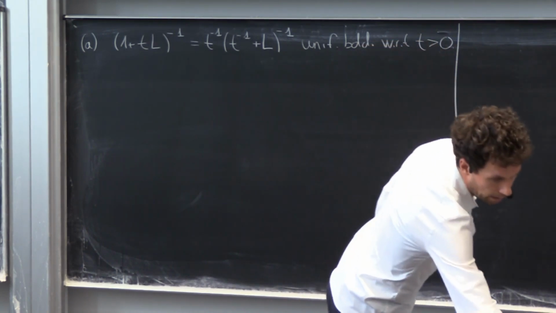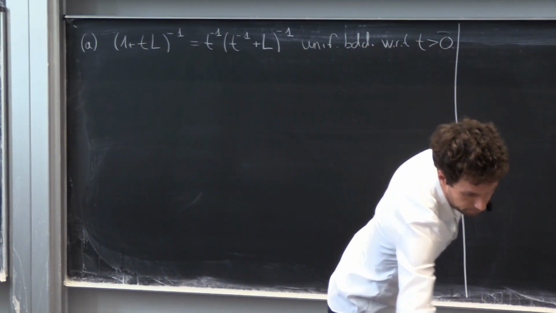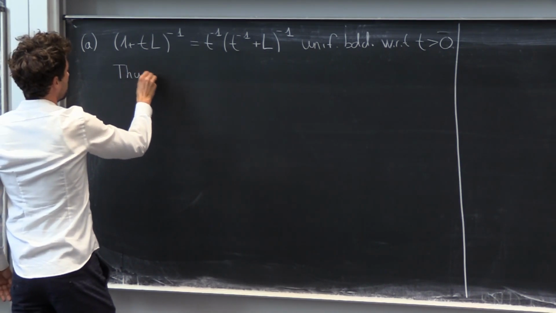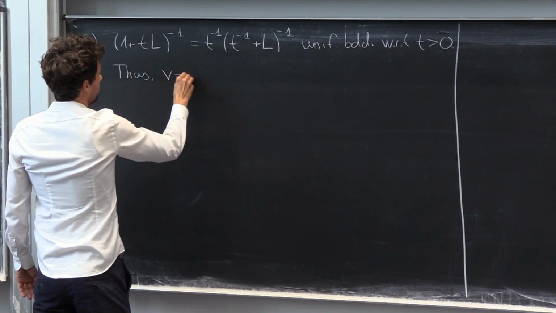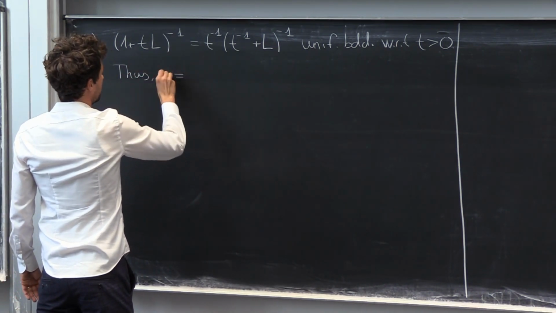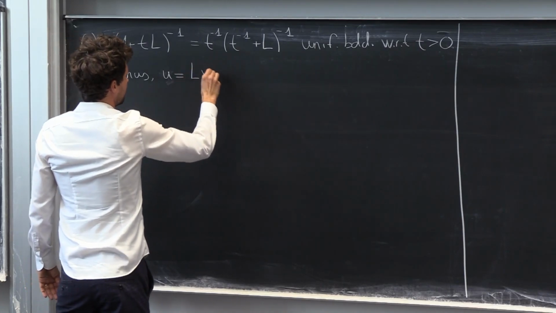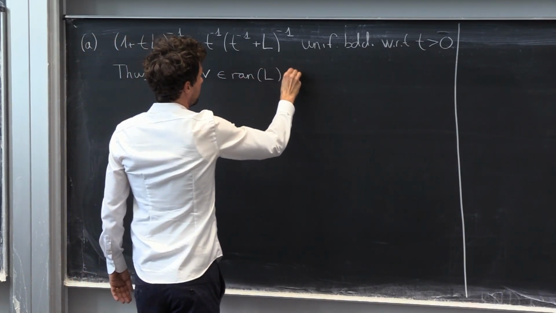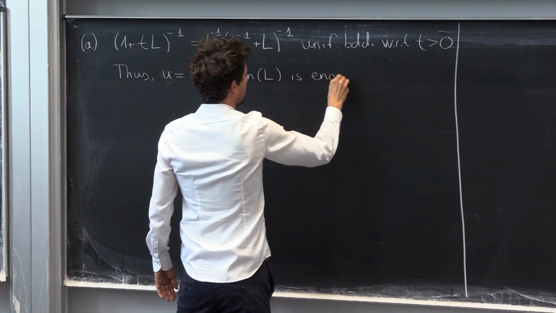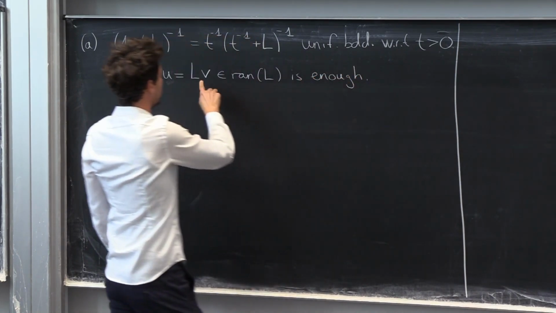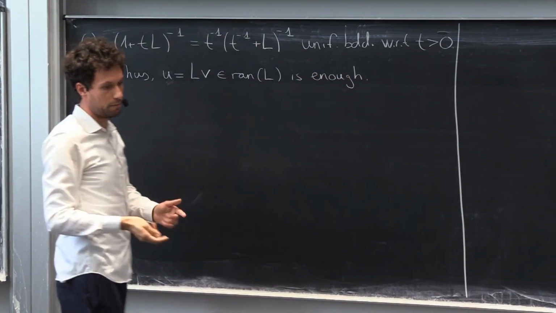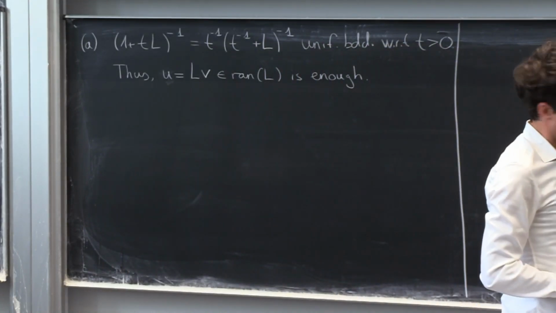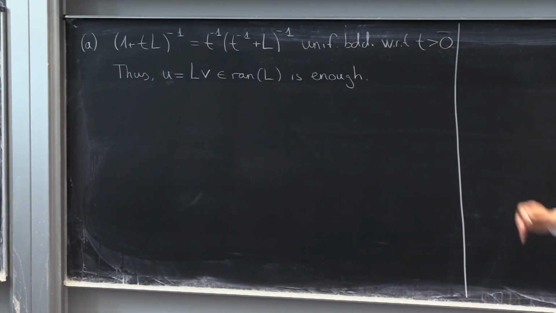Okay, so I say that it's enough to look at elements u that can be written as L of v in the range of L. Okay, so v is an element of the domain of L, and that's it.